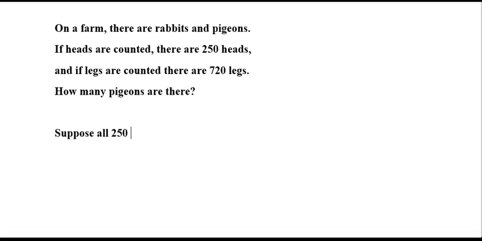Let's suppose all these 250 animals are pigeons, and then you would expect this amount of legs: 500 legs. Each pigeon has 2 legs, so 250 pigeons would have 500 legs.